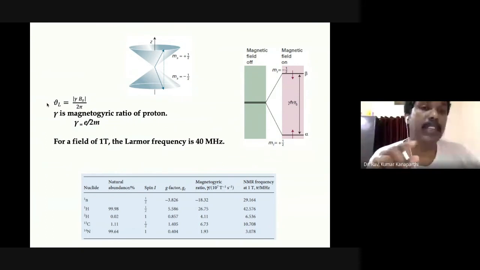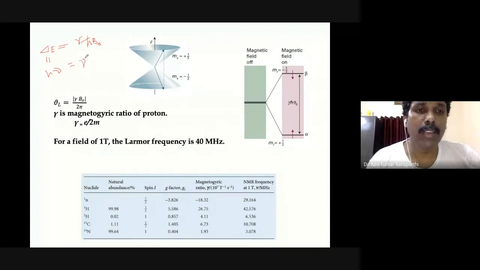Therefore, h nu is equal to gamma h cross B0. If you expand h cross, that is h by 2 pi. So delta E is equal to gamma h cross B0. If this is equal to h nu, the photon energy, then we have the resonant condition.